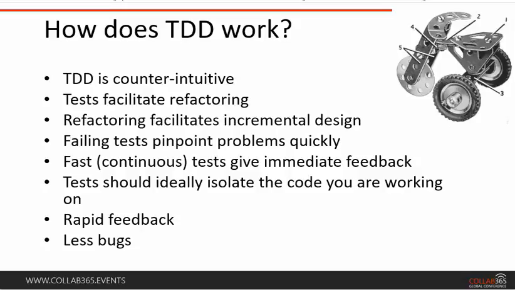It allows you to do incremental design. So when you first come up with a design for your code, and we're talking about low-level code here, although it can also apply to the architecture as a whole, but particularly at the low level, when you design your code, it's often not the optimum design, and you only realize later, after you've built it, that there's a better way of doing something.